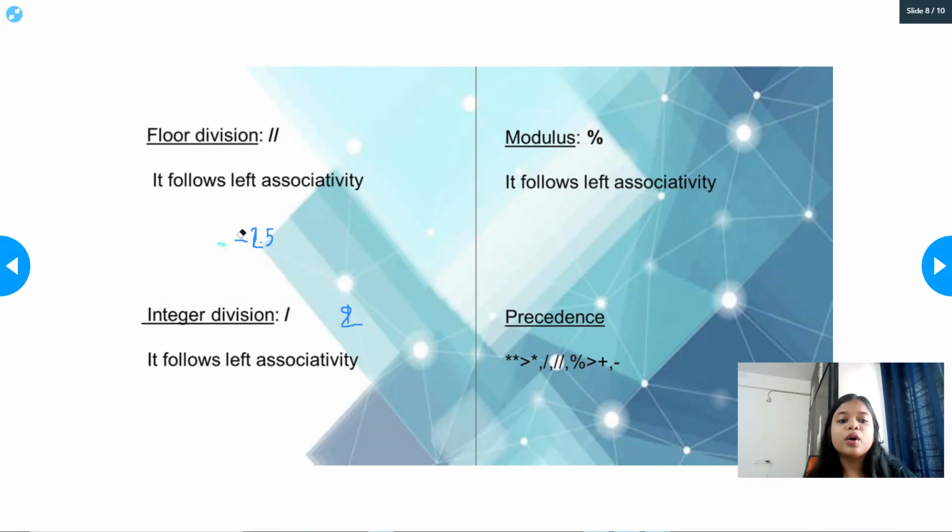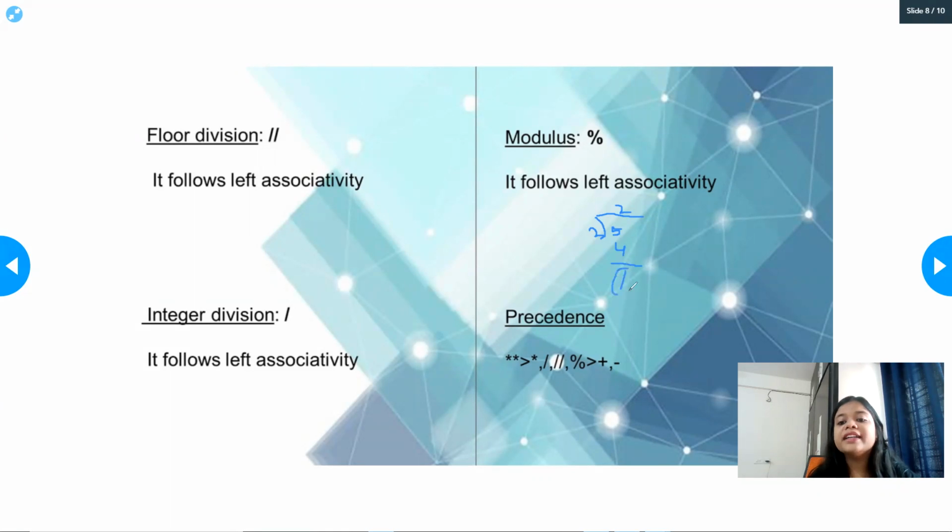Now coming to modulus. Now what is modulus? It also has left associativity. So float division and integer division also follow left associativity, and modulus also follows left associativity. Now what is modulus again? So basically modulus is like, again, if we do 5 divided by 2, in our answer we are going to get the quotient 2, and in the remainder we are going to get 1.